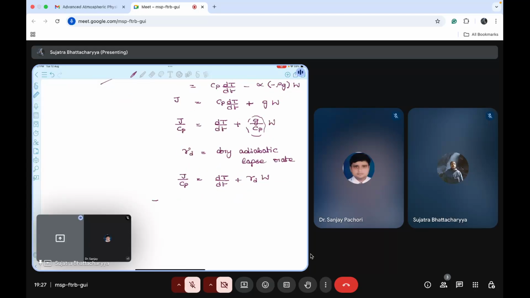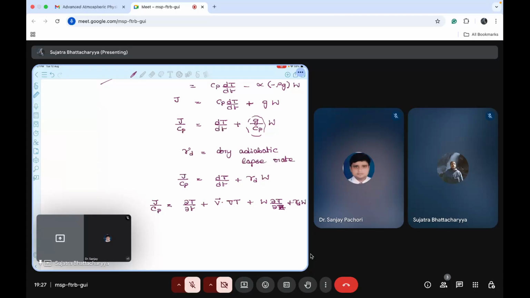Now, the total derivative can be written as the local derivative plus the advection term, so delta T by delta t plus V dot grad T plus W delta T by delta z, plus gamma d W. Alright, this is okay.